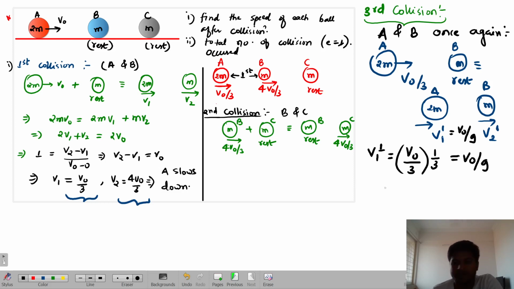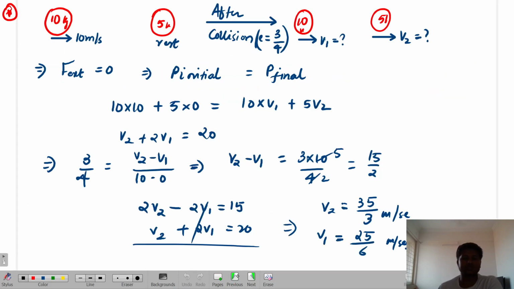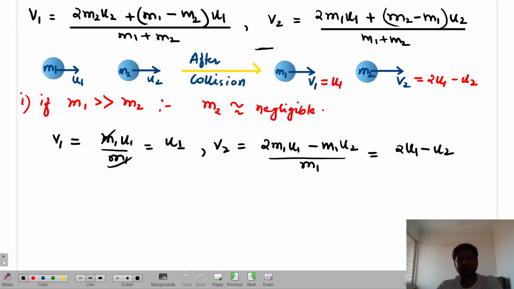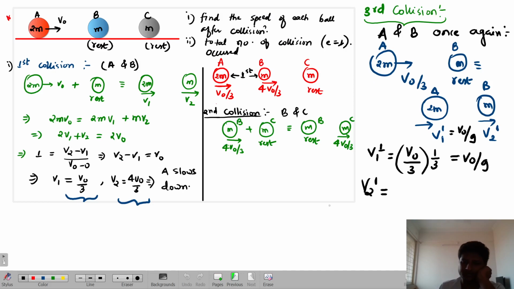Similarly, if you find it for B also, you can just put in this equation, the one which we have created right now, but in a different way. So V2 dash is 4 V naught by 9. Got it?